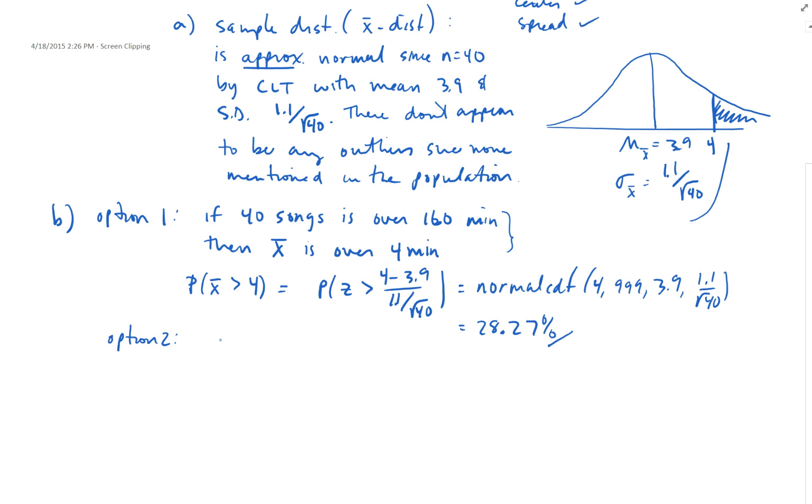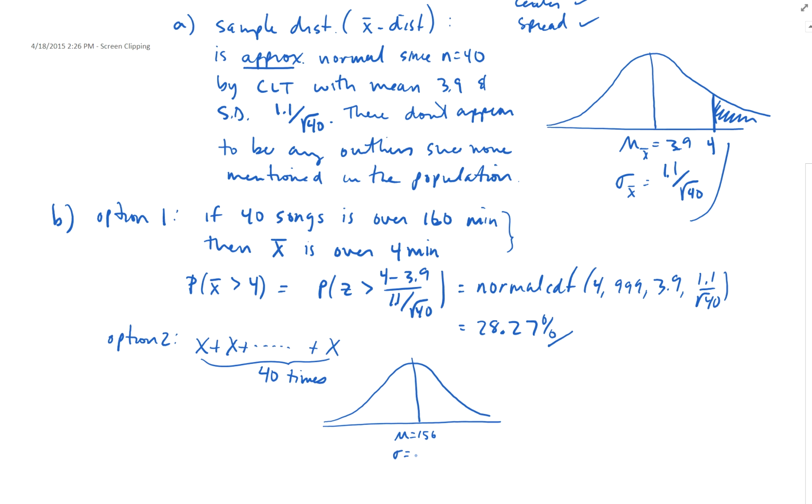So what if I looked at a distribution of x plus x plus x, 40 times, and I just calculated it that way. And I said, here's the mean is 3.9 times 40. I got 156 and did the standard deviation. Now what do I do?